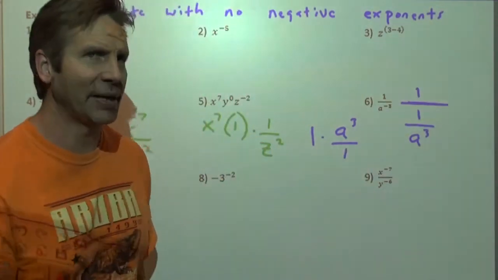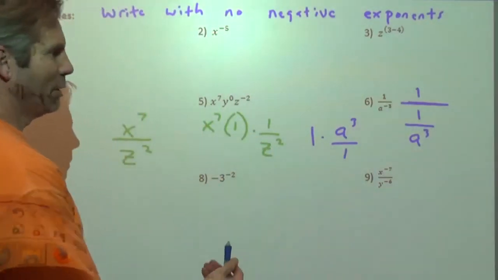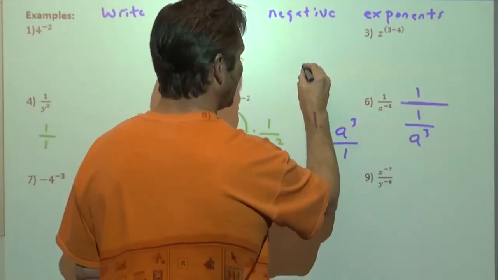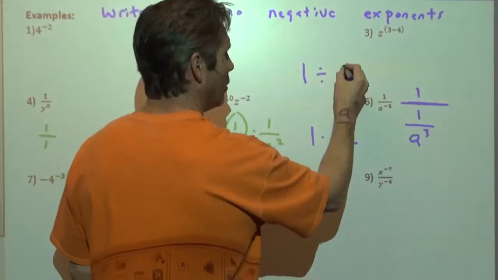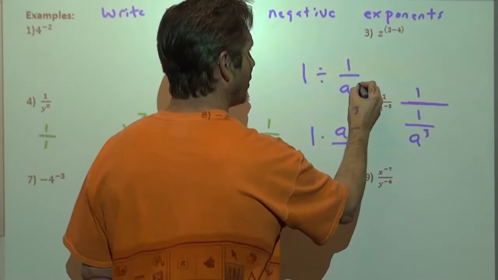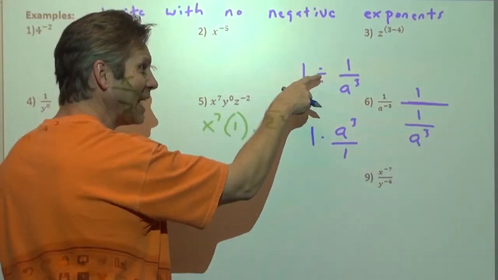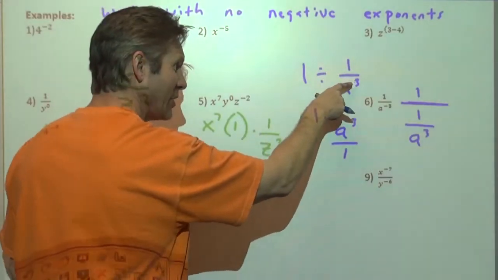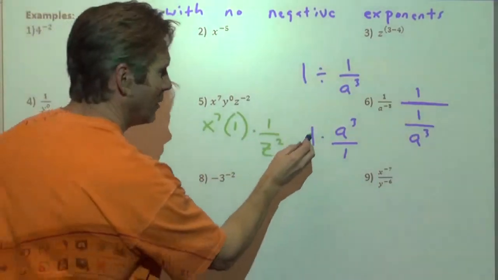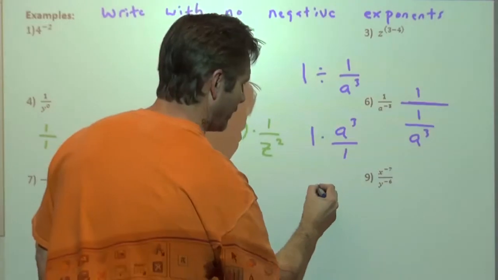You might have heard copy dot flop or whatever like that. But this means 1 divided by 1 over a cubed. When it comes to fractions, we can change to the opposite or the inverse function by changing this to the inverse under the operation. So it's this, which is just a cubed.